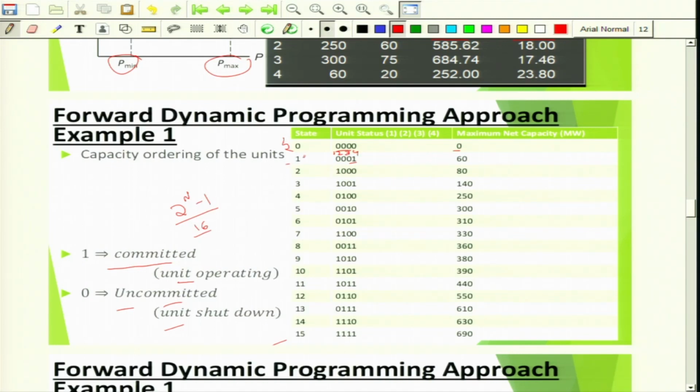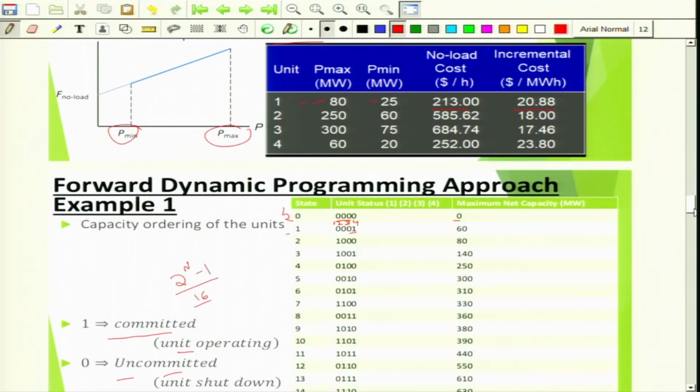State 1 means only unit 4 is operating. That means the maximum power that it can generate is 60. That's what we are giving here. Let's say we take another combination, the 7th state where units 1 and 2 are on. That means 80 plus 250, the maximum it can cater is 330 megawatt.